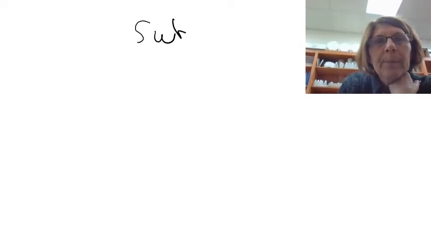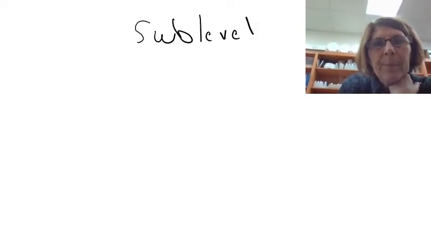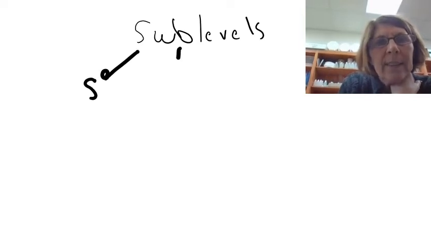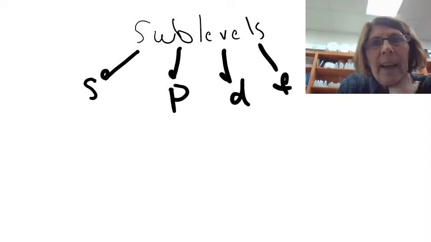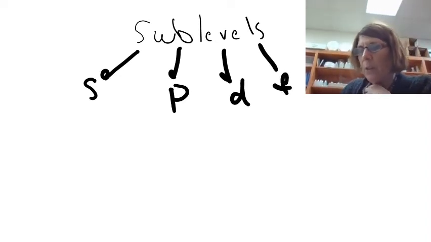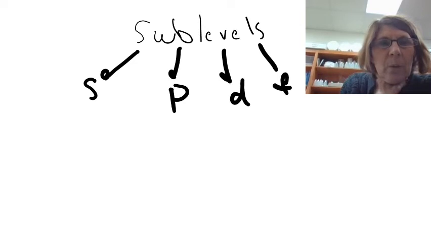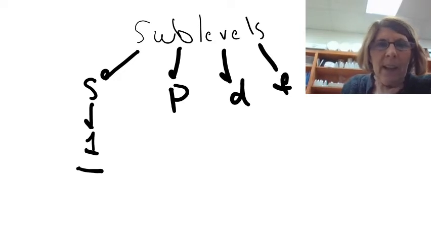So we're going to talk about page 1 of your Unit 5 packet. So your sublevels are S, P, D, and F. So your orbitals, S has one orbital, and we represent it this way with the line.